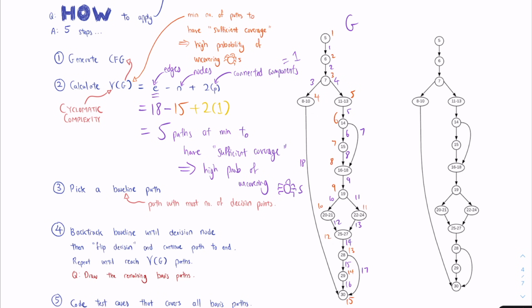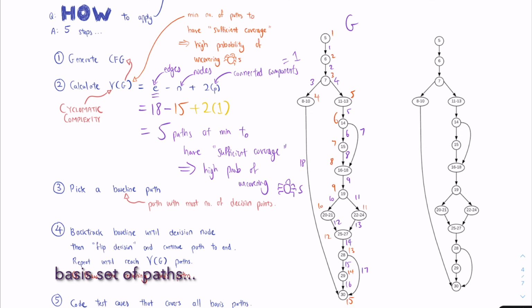Once you have this number, next we want to generate the test cases. But before that, we need to know which paths we want to generate test cases for. We know we want up to 5 paths, but we also need a structured approach to achieve enough coverage, going through the minimum so-called baseline set of paths.